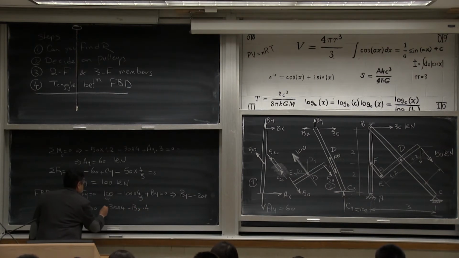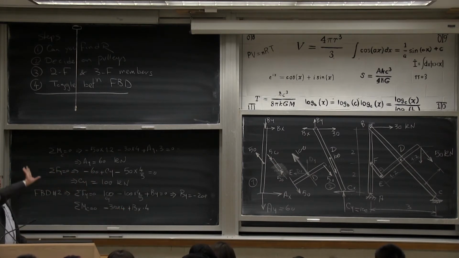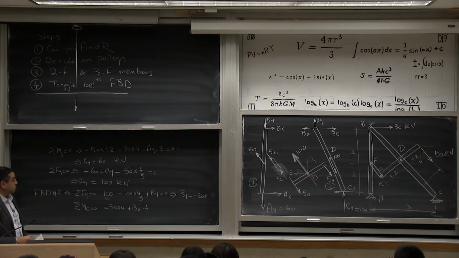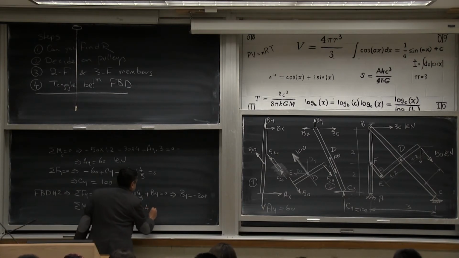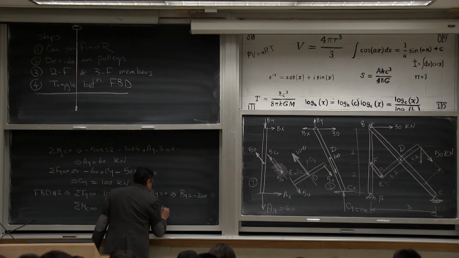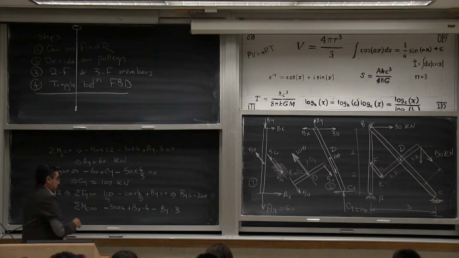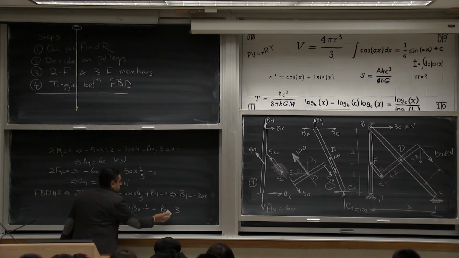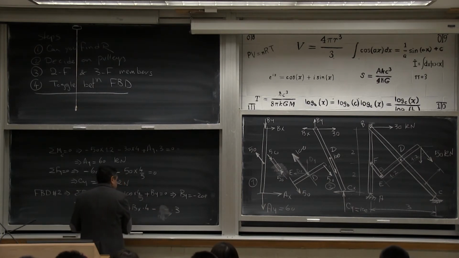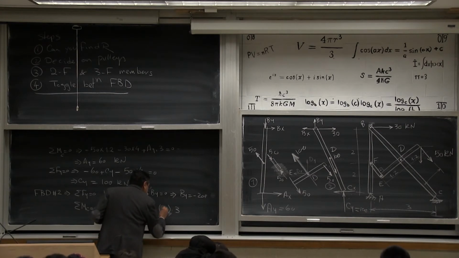I'm sorry, this is negative, and this is the positive one. And then also I have By as negative moment, so minus By multiplied by 3. But I know By, so I'll plug By here, and I'll put minus 20.